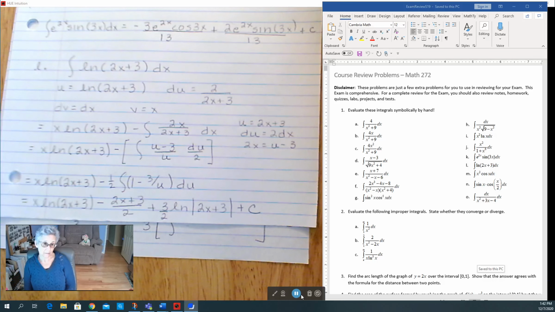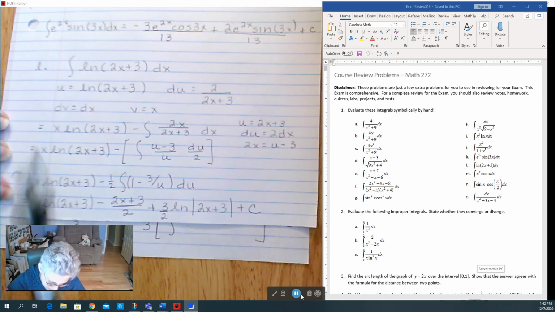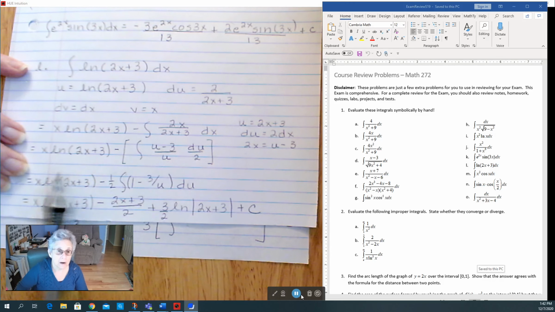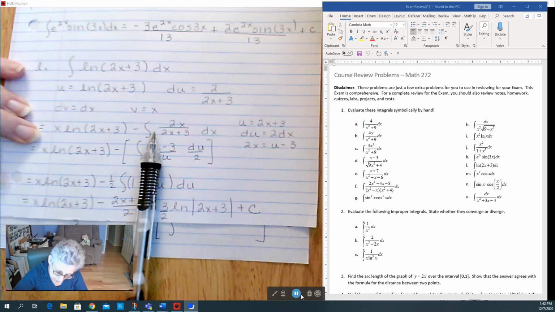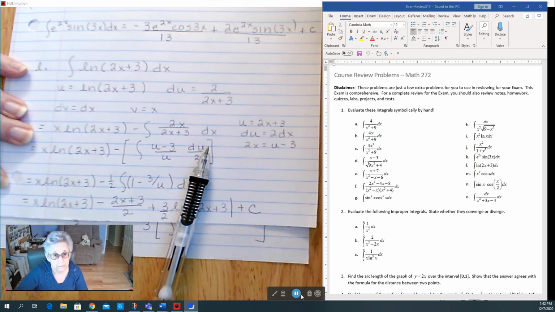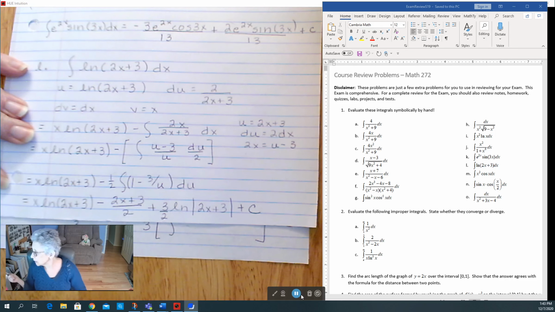Now, just for fun, I decided to do this different than it is on the key. I have the key over here to make sure I don't make big mistakes. So first thing we did was our integration by parts, and then we ended up with the integral of 2x over 2x plus 3. On the key over here, I did some long division, which certainly works.